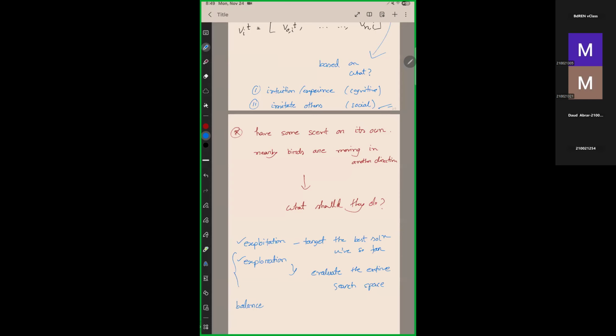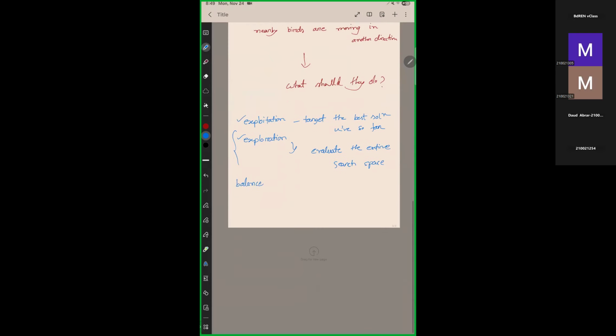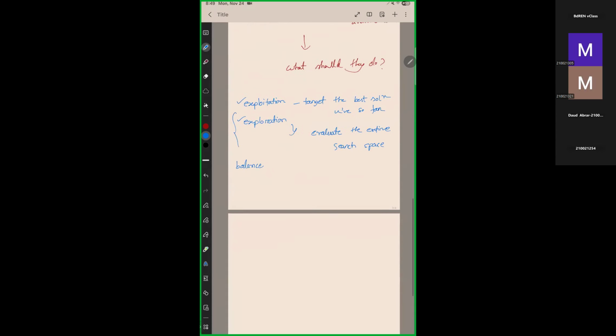আচ্ছা। Now, we have to make a balance between these two. The question is how to make the balance. Is it clear? We have to make the concept clear. We have to make a balance between these two to get the proper solution. Yes, sir. So we have to make a balance.